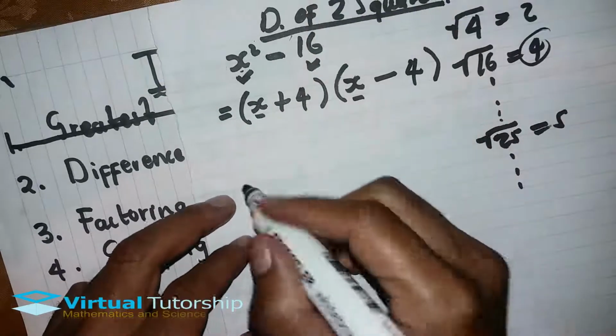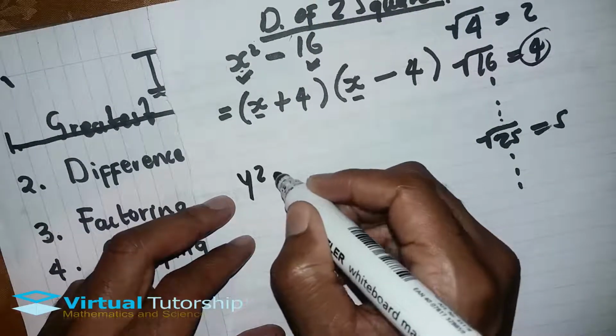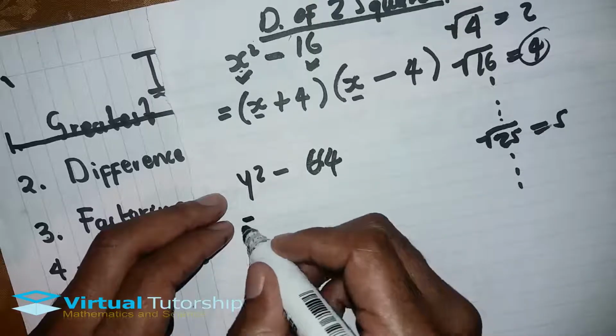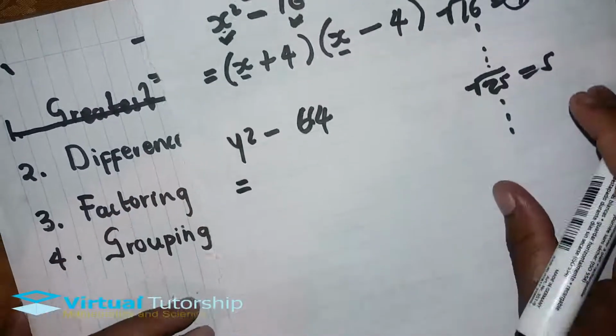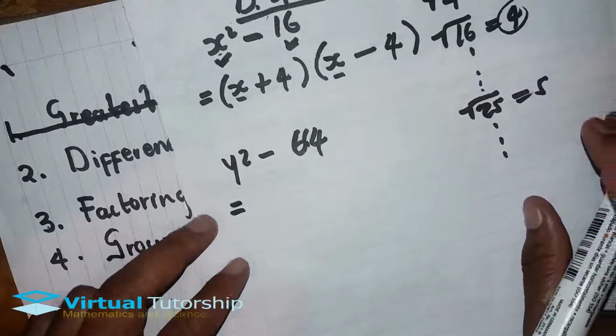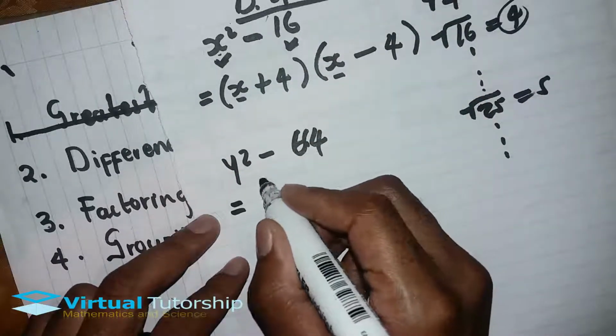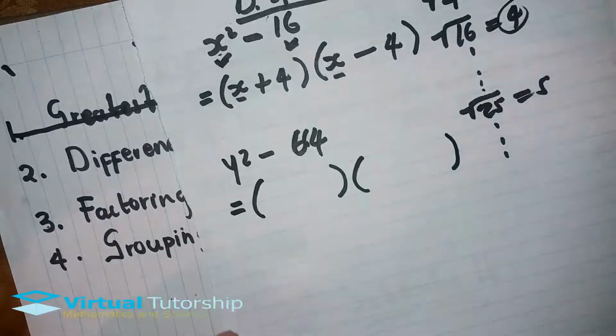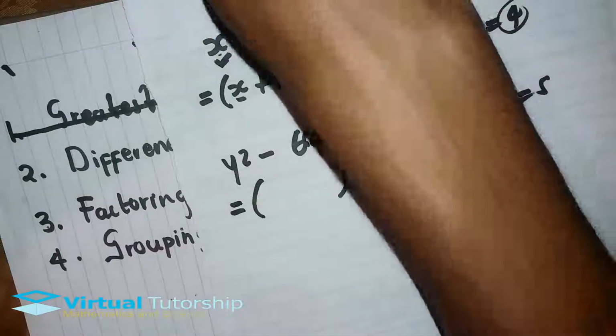Okay, let's start another one. It's y squared minus 64. Okay, going to continue on the previous example. A difference of two squares always produces what? Two brackets. And then check something now.